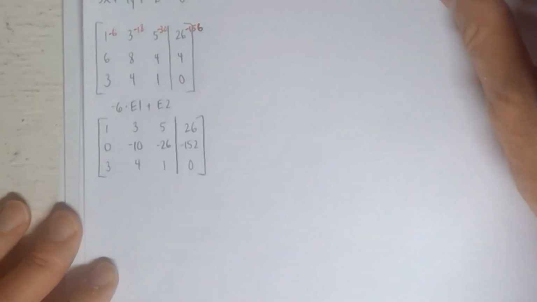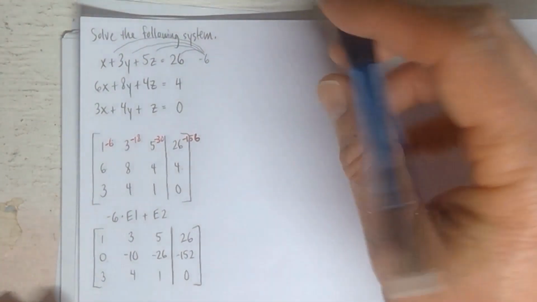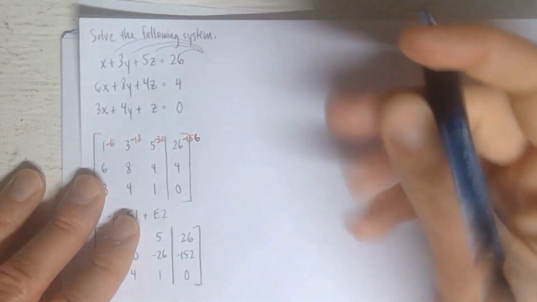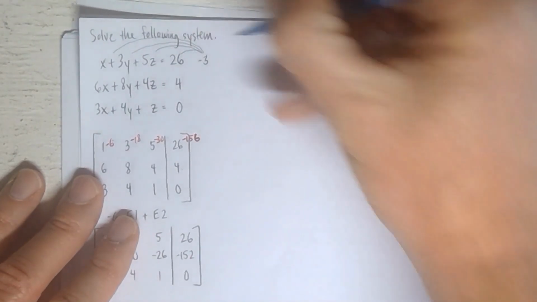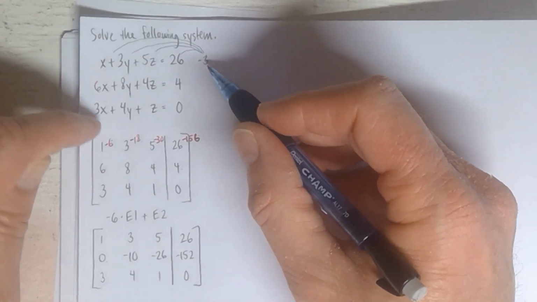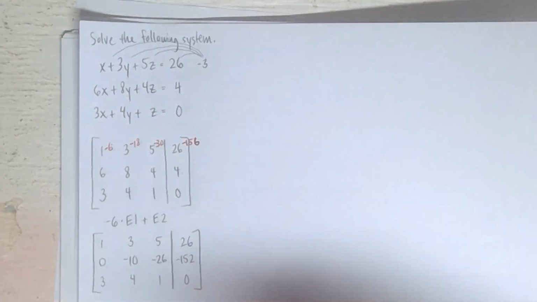As you can see here, and you can kind of see it up here as well, I need to multiply this one now by what? Wouldn't negative 3 work this time, you guys? If I multiply this one by negative 3, I'm going to get negative 3x and positive 3x. That will make the x's cancel.